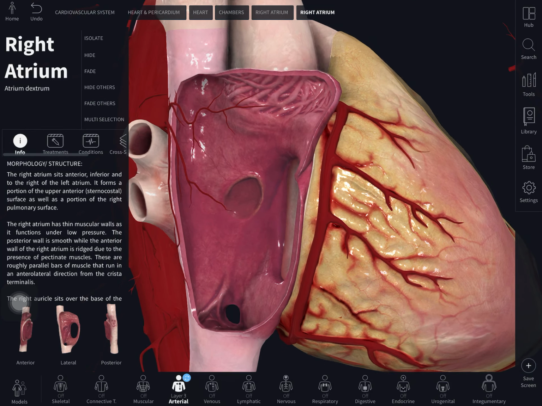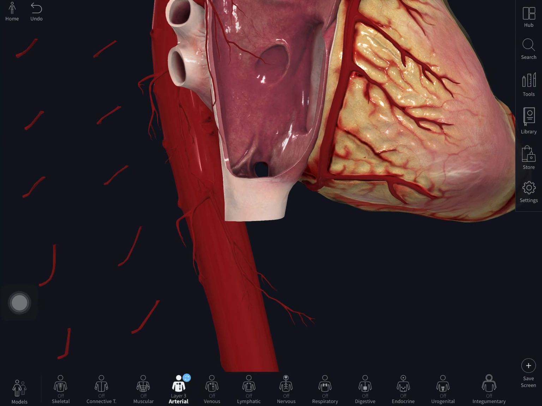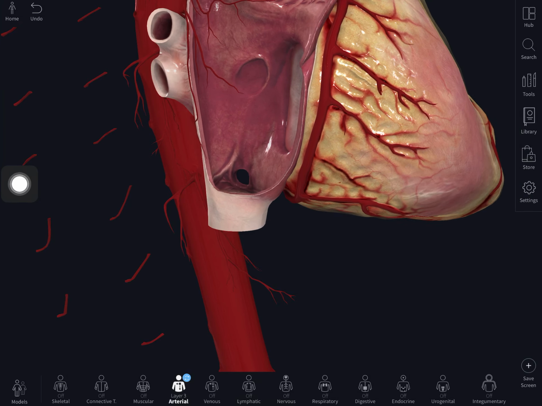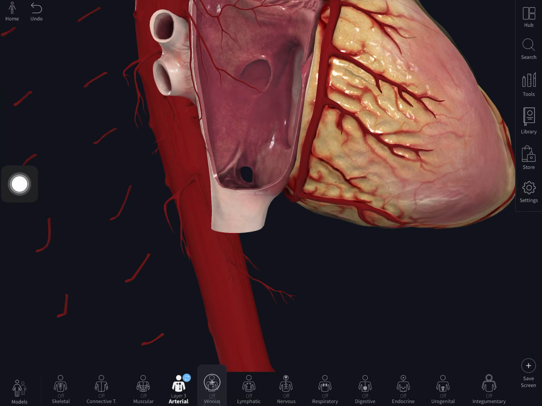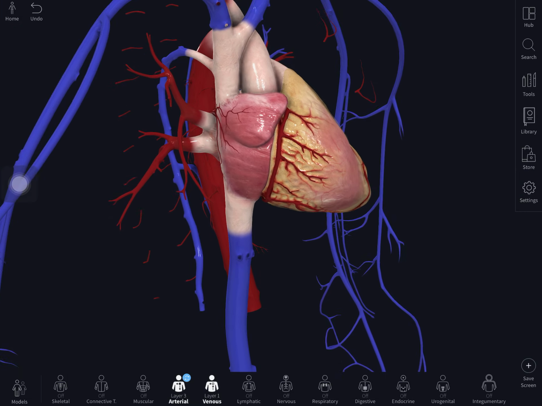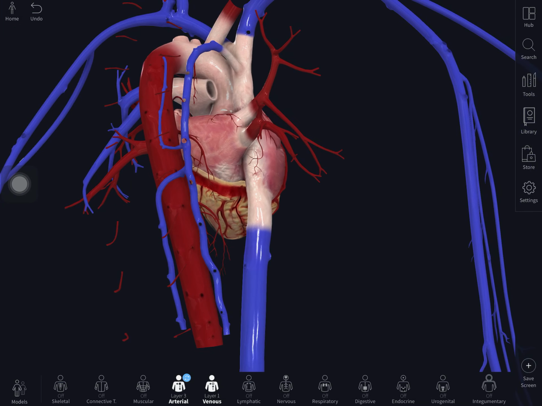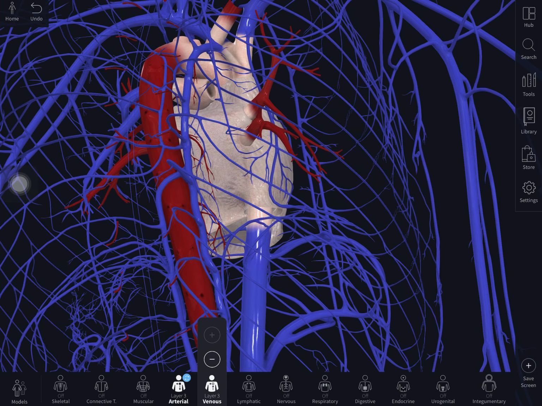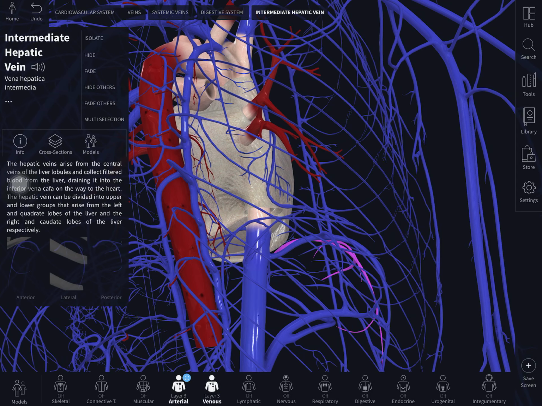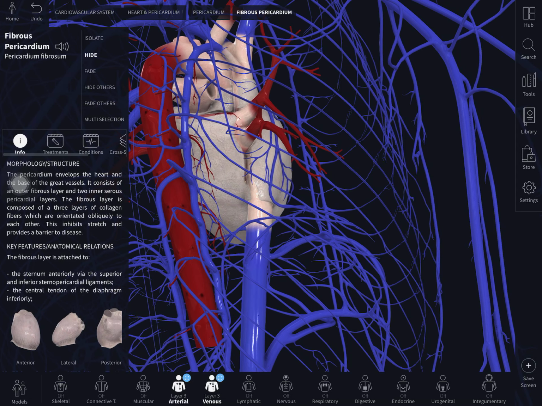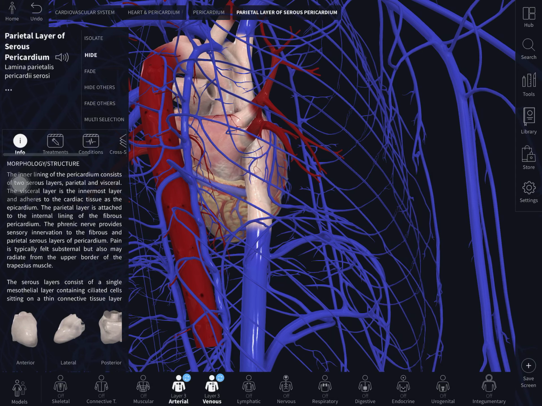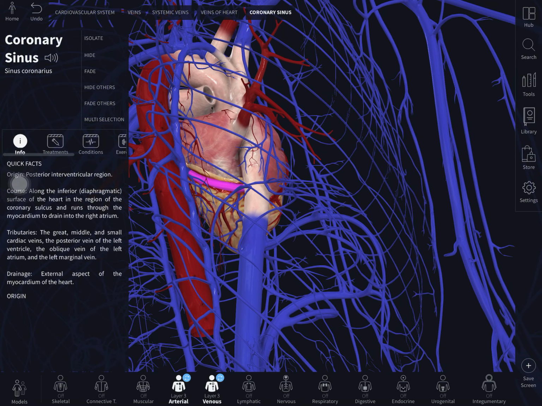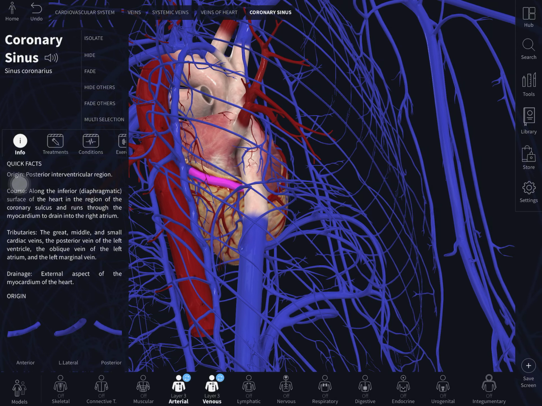On the side you can see a small hole. This is called the coronary sinus. What is this coronary sinus? All the veins of the heart will be draining into it.